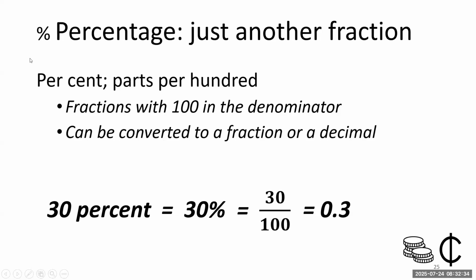So if we start with 30%, that's 30 parts per 100. You could write that as 30 over 100. You could also type 30 divided by 100 into your calculator, and that'll give you a decimal of 0.3. So all of those are ways to represent the percentage.